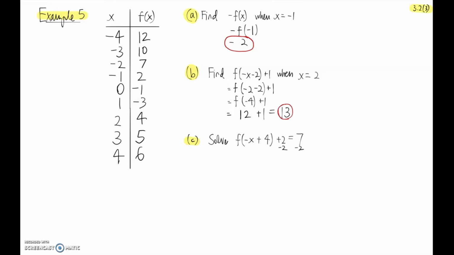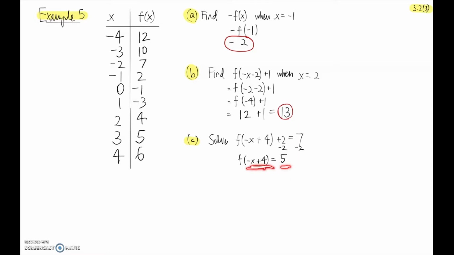So this stays as f of negative x plus 4 equals 7 minus 2, which is 5. I'm still a little bit unsure, but I know that the function evaluated at some point equals 5. So I'm getting an output of 5 for some sort of input.